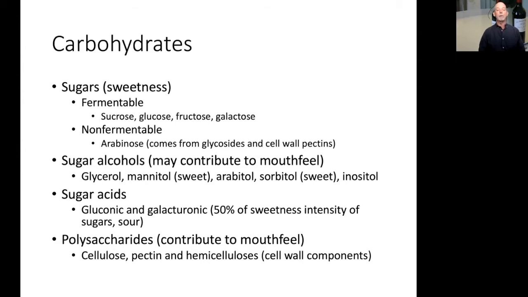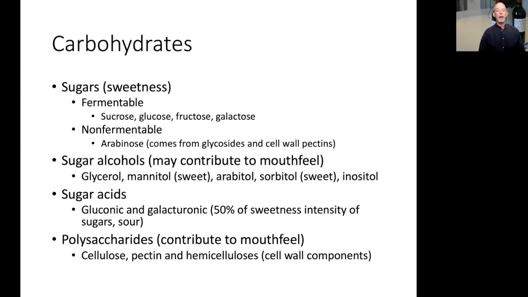We also have sugar alcohols, so another form of carbohydrates. These may contribute to mouthfeel. They are compounds such as glycerol, mannitol, which can contribute some sweetness, taste to the wine, arabitol, sorbitol, which also contributes some sweetness, and inositol.